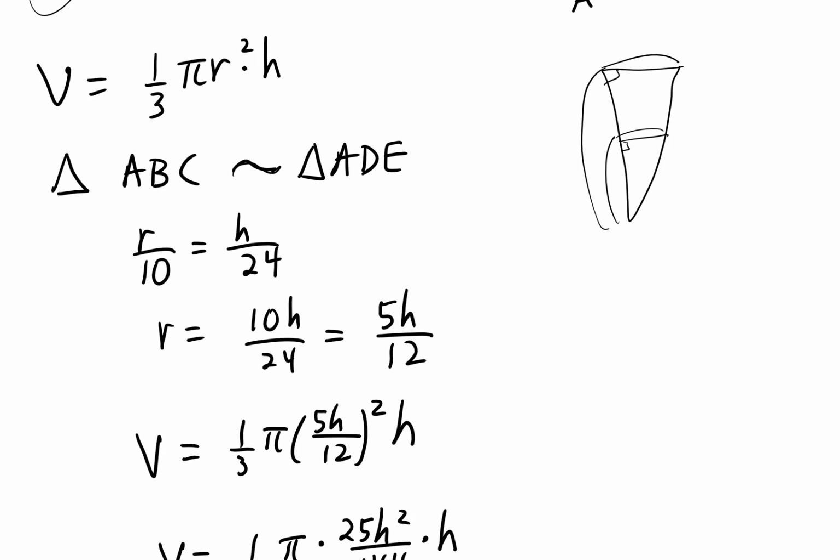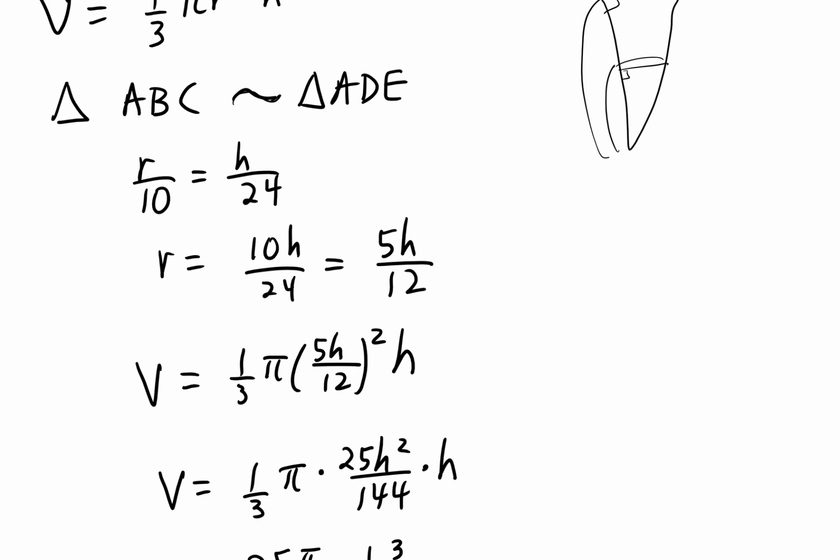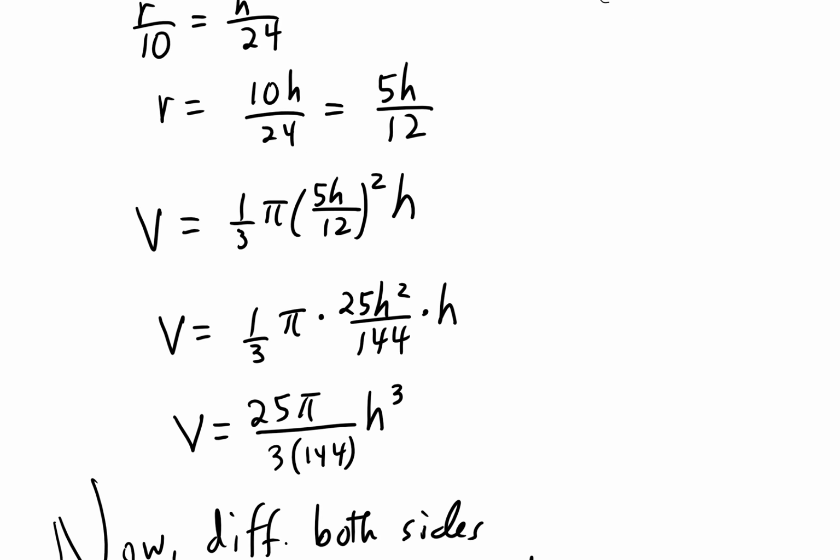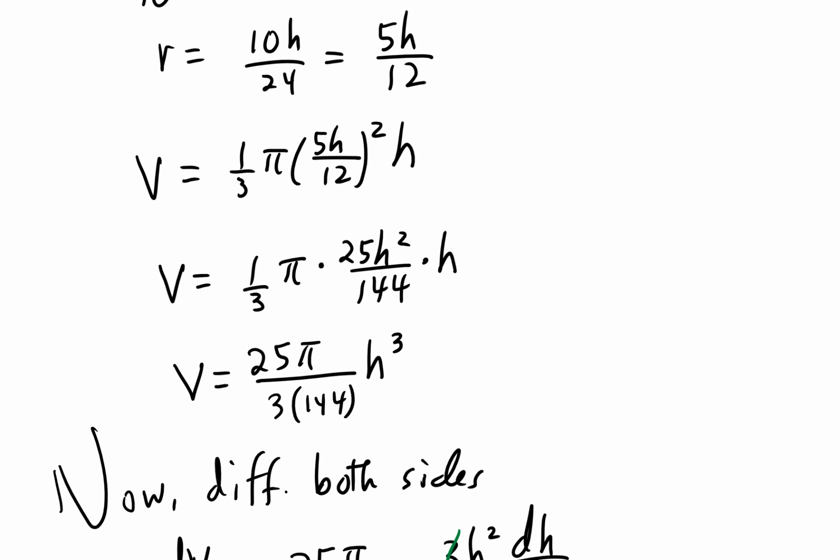So now, from the volume formula, 1/3 pi r squared times the height, I substituted r equals 5h over 12. And I squared it and simplified. And now it's ready to be differentiated. So now we differentiate both sides with respect to t.